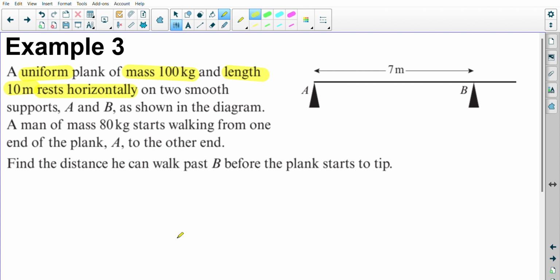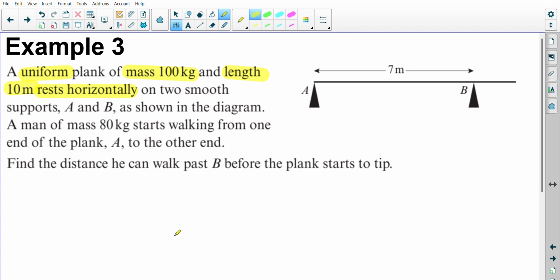It's on 2 smooth supports, A and B, and a man is going to stand at the end of the plank. So he's going to walk from one end of the plank to the other end. He's going to start at A and then walk to the other end, and his mass is 80.